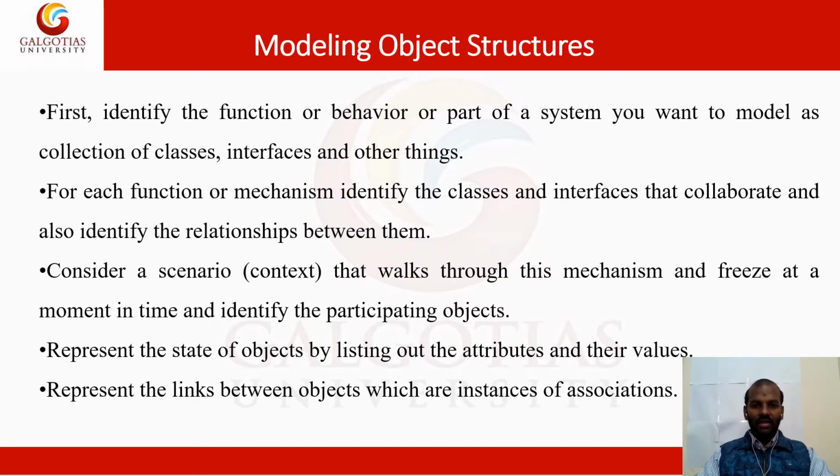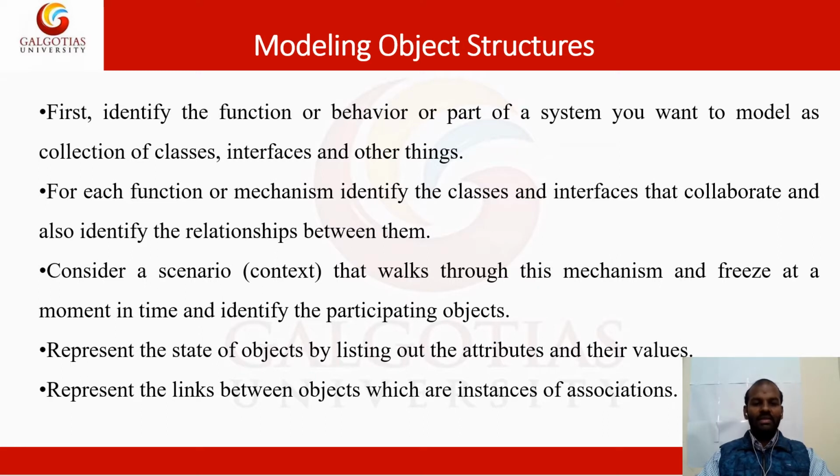For each function or mechanism, identify the classes and interfaces that are going to collaborate and the relationships between the different functions. Consider the scenario, walk through this mechanism, freeze it at a moment in time, and identify the participating objects.